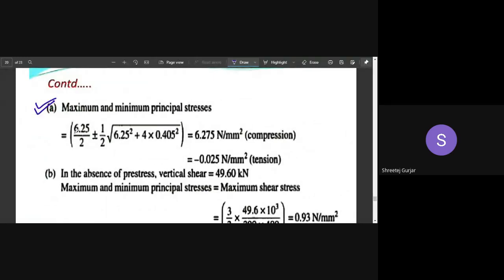So Fx plus Fy by 2 plus or minus square root of (Fx minus Fy by 2) the whole square plus tau V square.